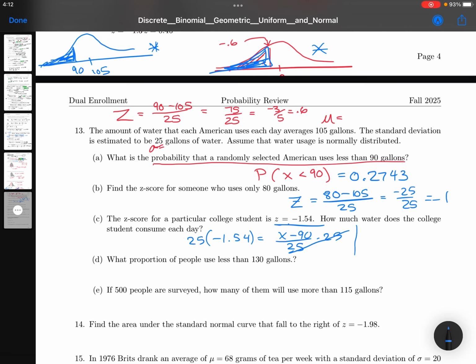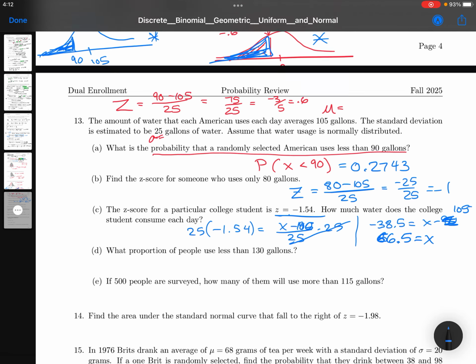So my next line will say negative 38.5 equals x minus 90. Add 90 to both sides of your equation, and you end up with, oh, sorry, that should say 105. You should end up with 66.5 as your x. Good thing I caught that.